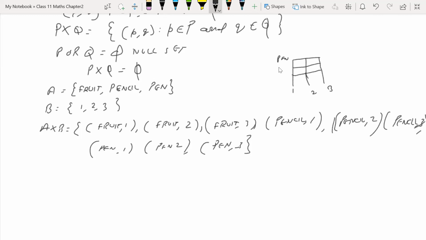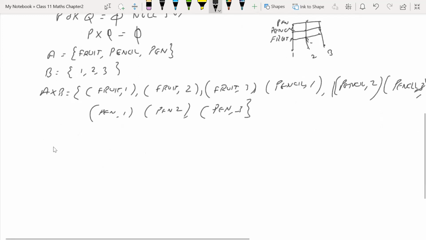This is the pencil, and this one is fruit. 1, 2, 3. Pen 1, pen 2, pen 3. You can show it with the help of a dot here. These are the combinations. There would be 9 combinations.